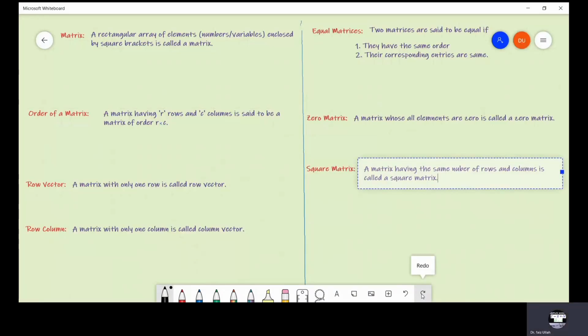Matrix. A rectangular arrangement of numbers enclosed by square brackets is called a matrix.